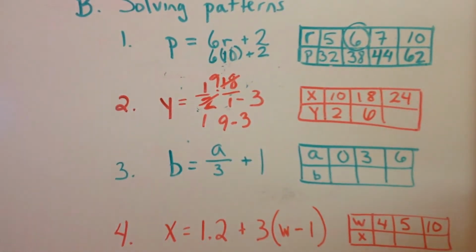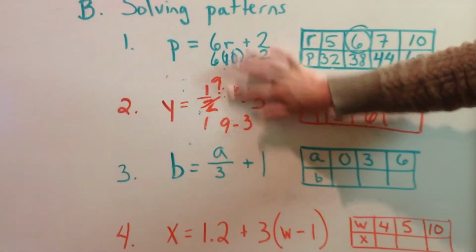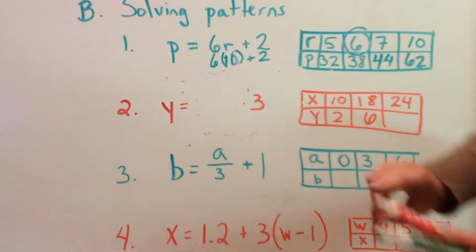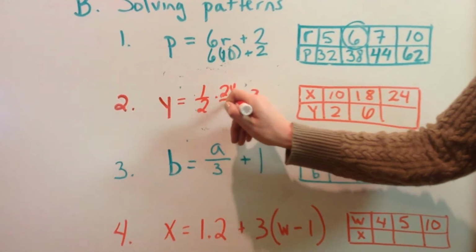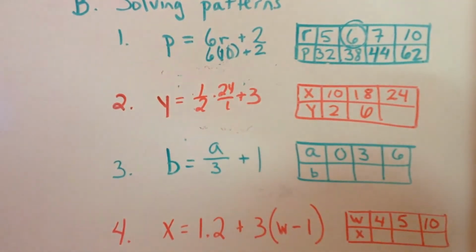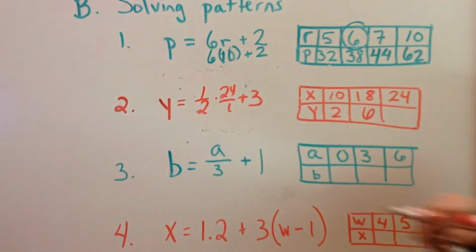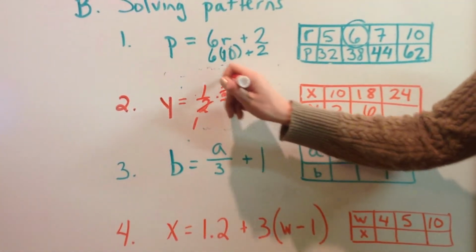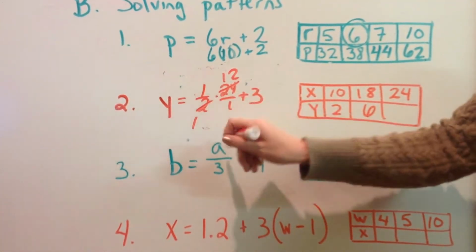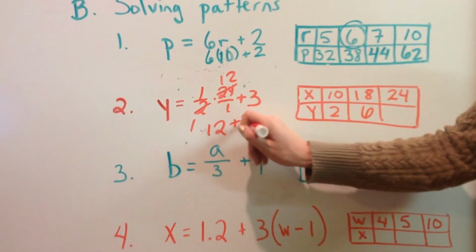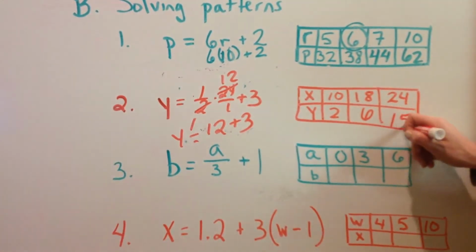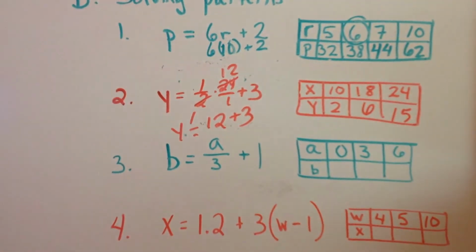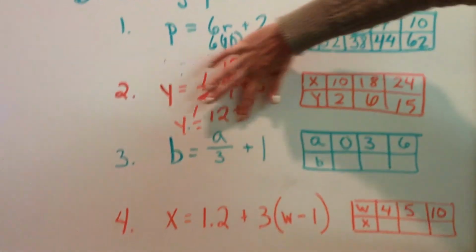Let's do it one more time with the 24. We're going to cross cancel. 1 times 12 is 12. And 12 plus 3 is 15. Okay, starting to see this? Cool. So let's look at this next type.